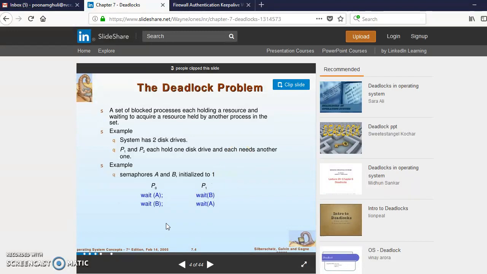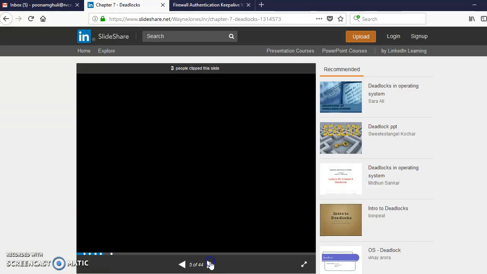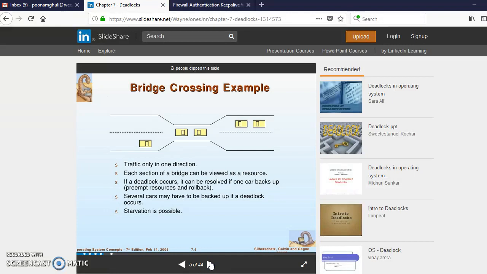So, what is deadlock? In an operating system, processes request resources. If the resources are free, they will be allocated to the process. Suppose you have a process P1 which is asking for a resource R1, and you have one more process P2 to which resource R2 has been given.